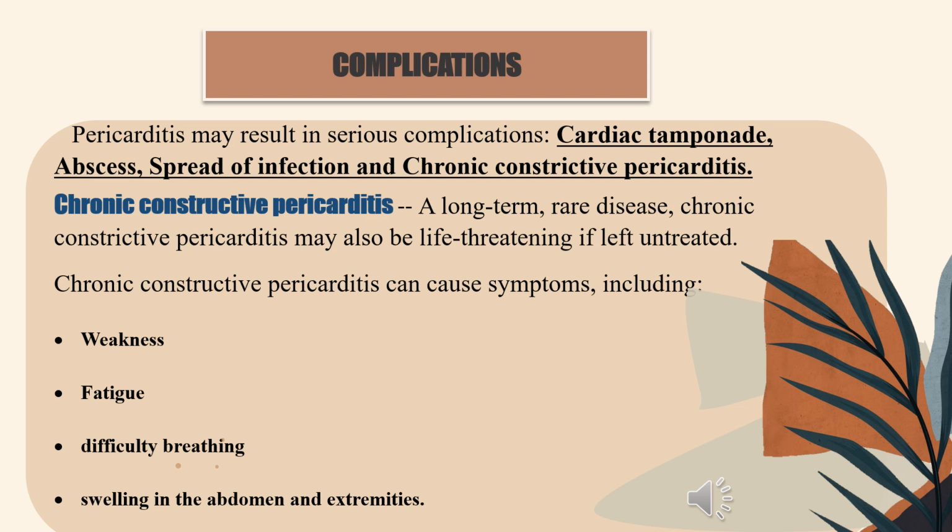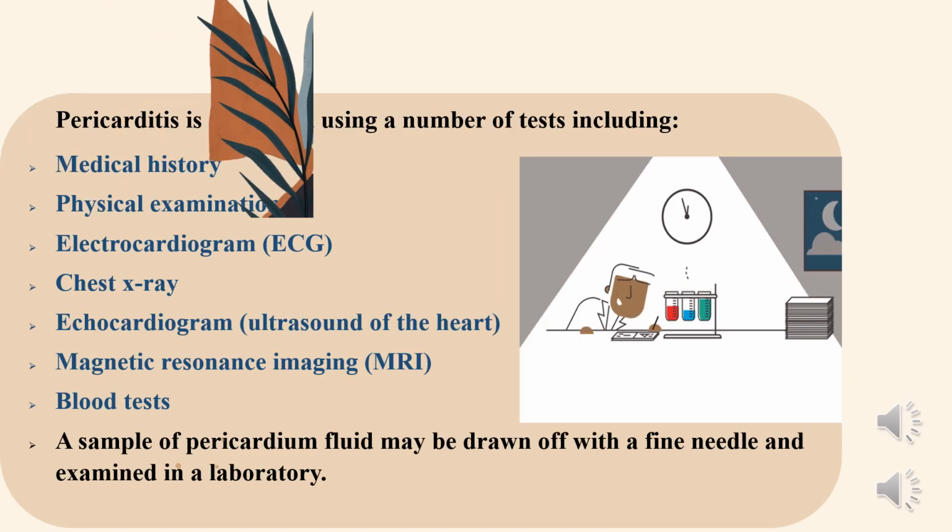Scarred tissue contracts over time, preventing the heart from fully stretching and filling with blood. Chronic constrictive pericarditis can cause symptoms including weakness, fatigue, difficulty breathing, and lastly, swelling in the abdomen and extremities.